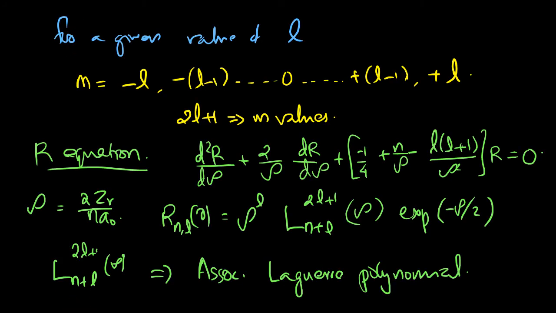L k p of x. And in our case, in place of k, we have n plus l, and in place of p, we have 2l plus 1. So for the associated Laguerre polynomial L k p of x, we already proved that p must be less than or equal to k. That we have already proven, right?